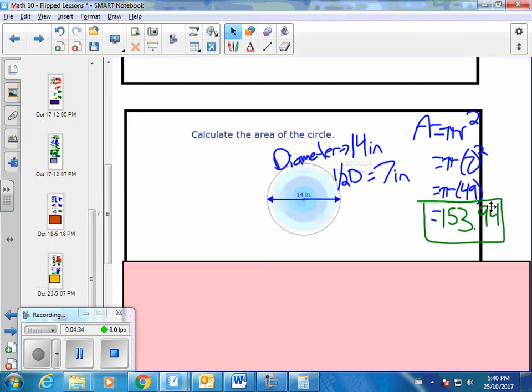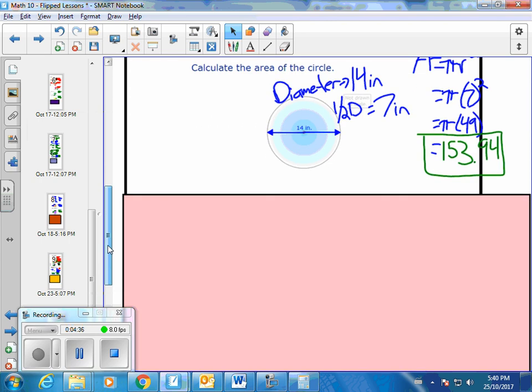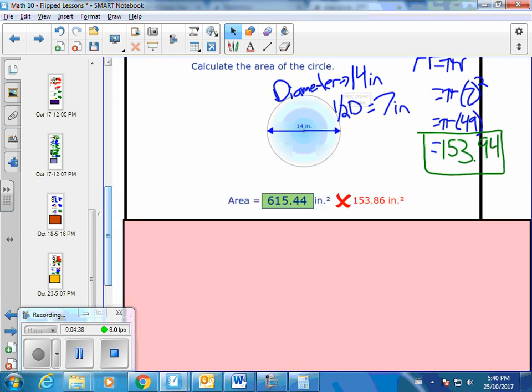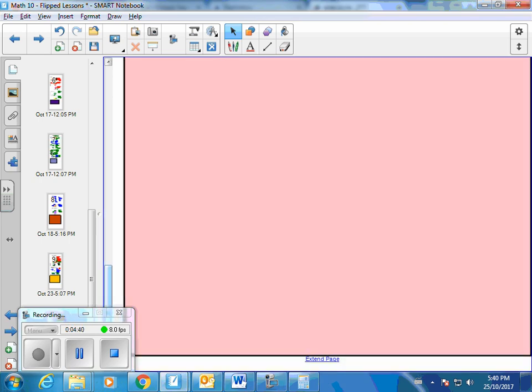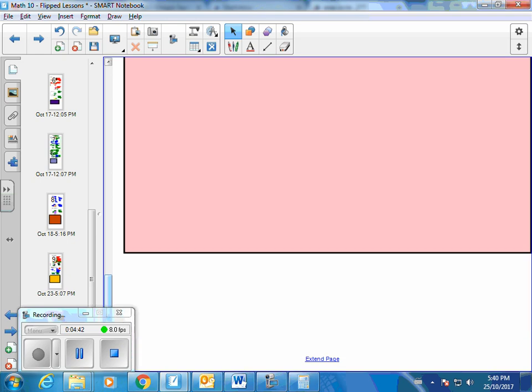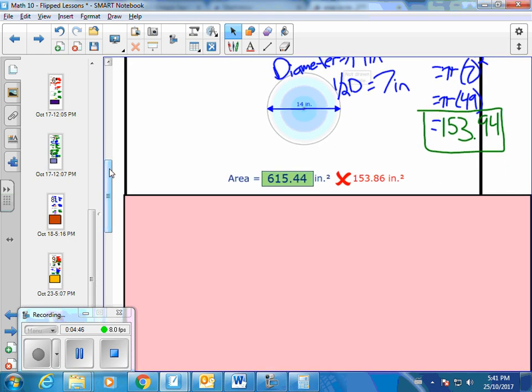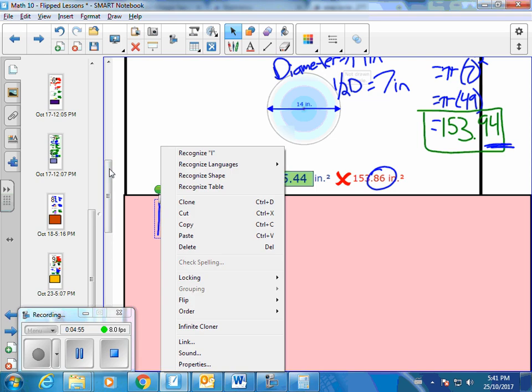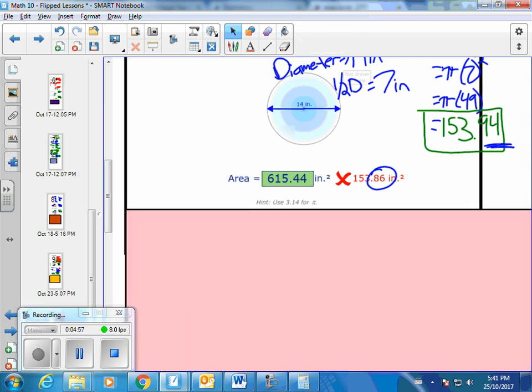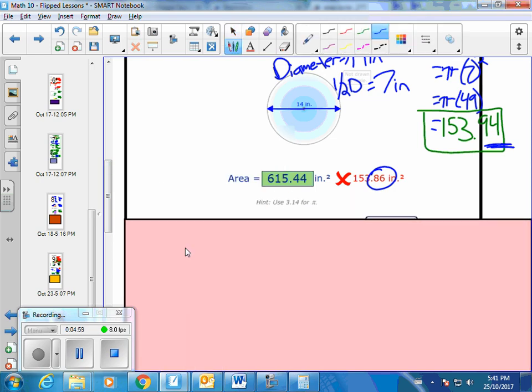Let's go ahead and check our answer here. 153.86, so pretty close. Once again, 0.86 instead of 0.94, if you would have used 3.14 instead of pi.